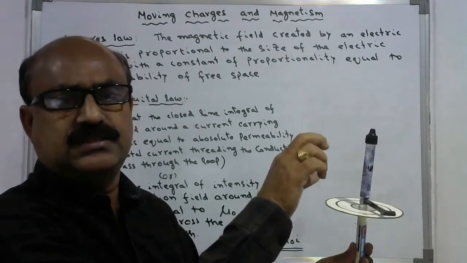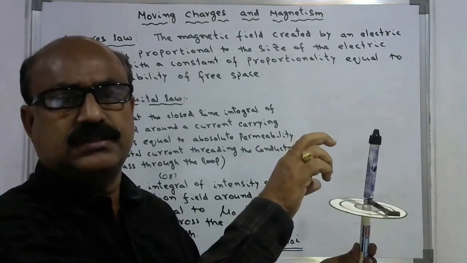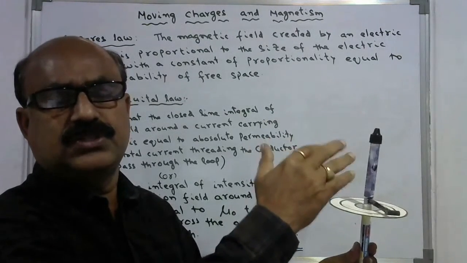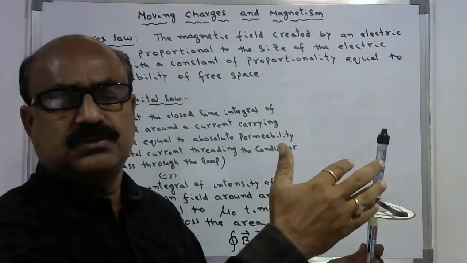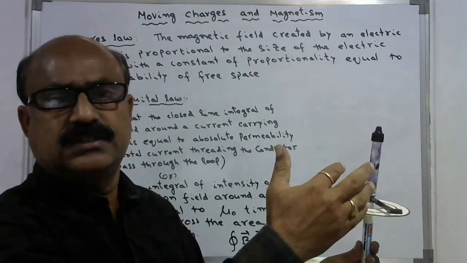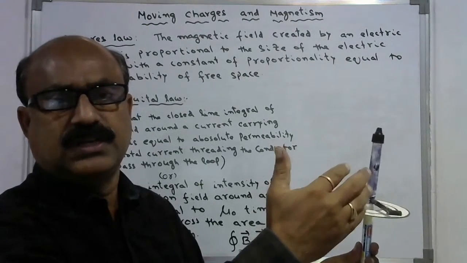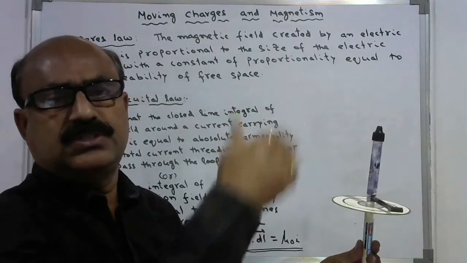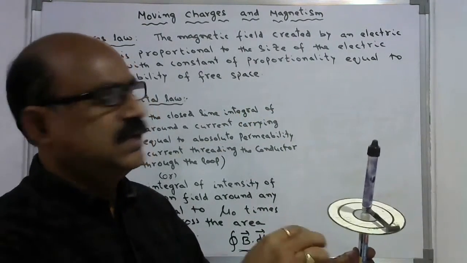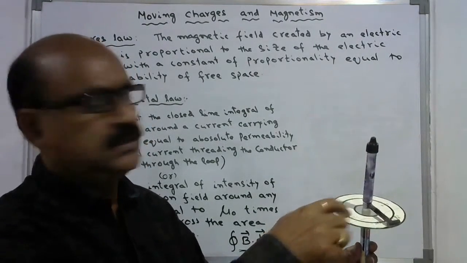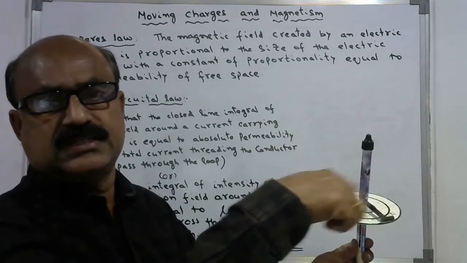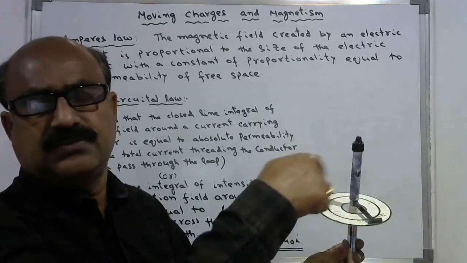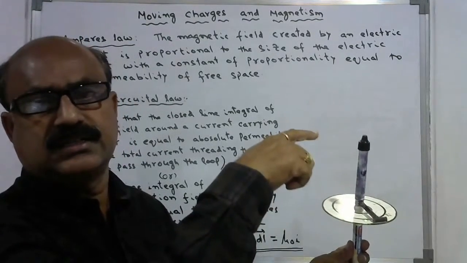This field produced by this current is directly proportional to I, and it is equal to some proportional constant, that is the permeability of free space, mu naught. So mu naught times the current with which the conductor can produce the magnetic field. And I would like to find the magnetic field intensity at different places, at different circles, due to the current carrying conductor.